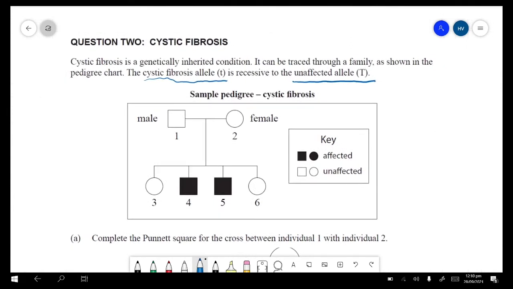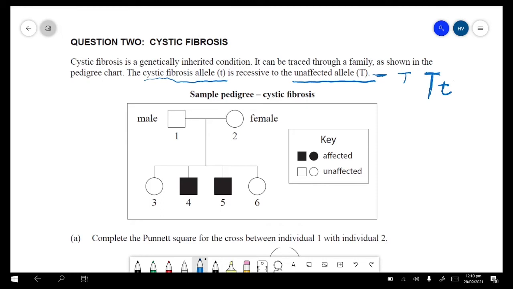So if you are normal, you have definitely at least 1 capital T. Do you agree? Now, remember when we're working with T's, do not make a big T like that and a little t like that, or even like that. A little t needs to have the curly bit, otherwise the examiner won't be able to notice the difference, okay? Don't use letters that look the same in capital and non-caps.